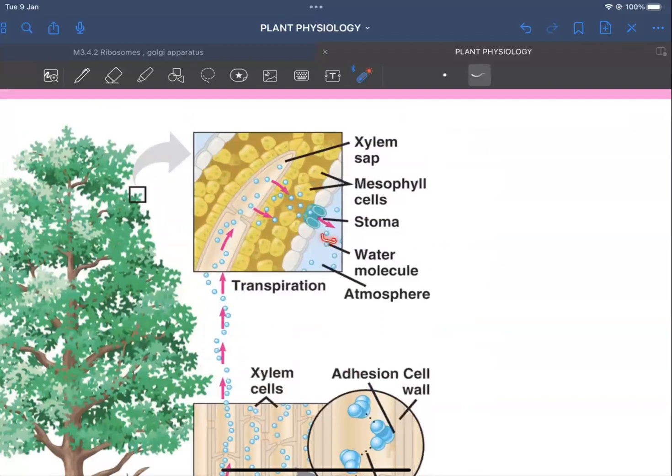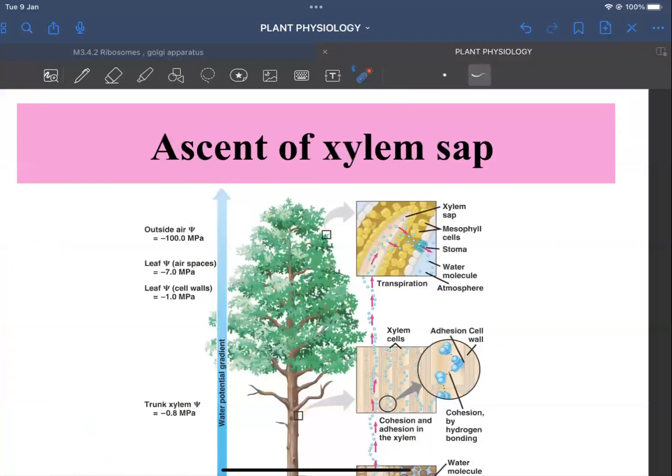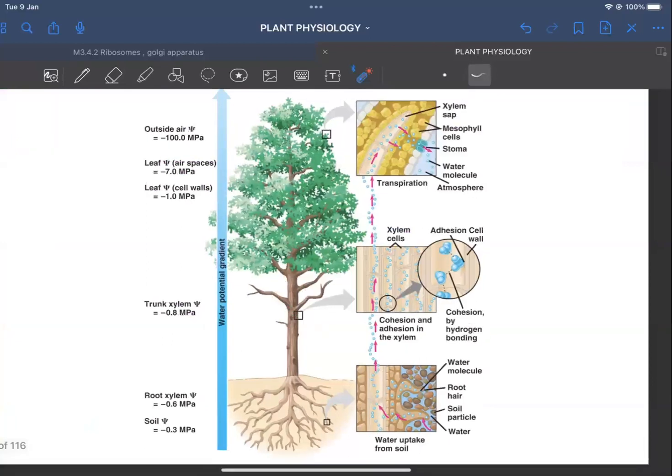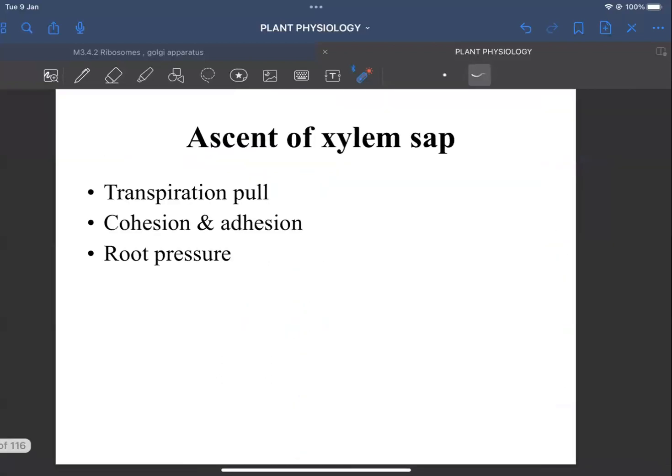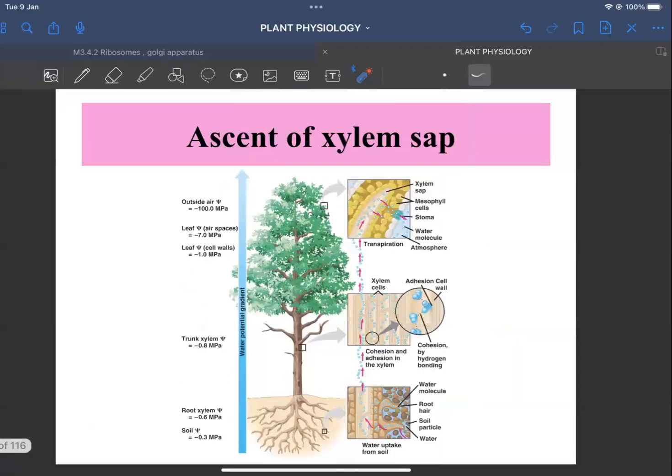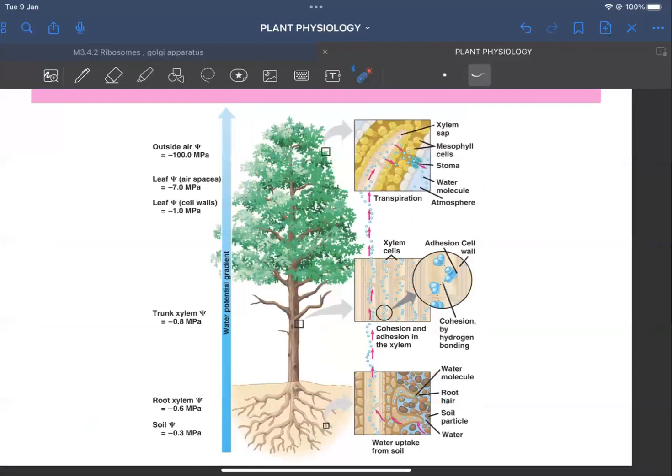So the water molecules will be released into the atmosphere through the transpiration process. That is why it is really important to understand how these three contribute to the transpiration process.